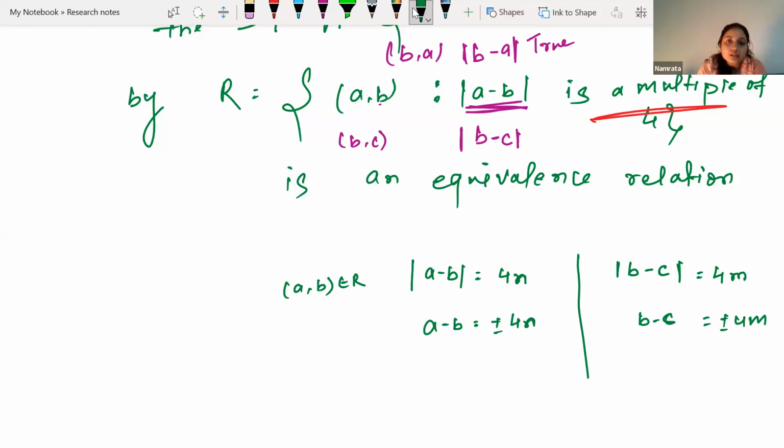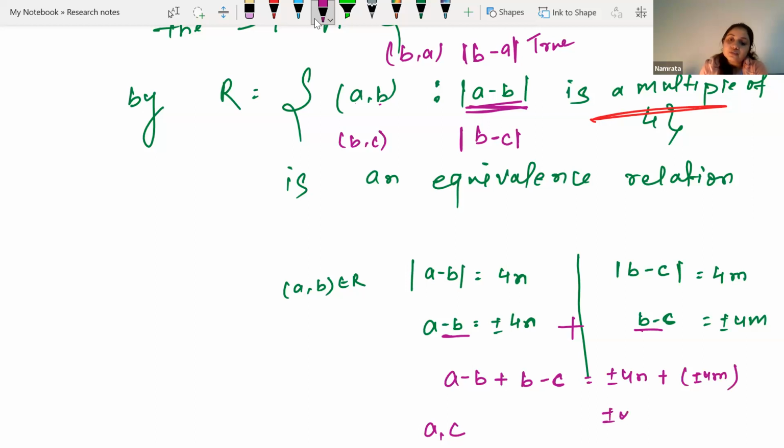Now we want to check whether a comma c is true or not. Here b is present in both, and we want to eliminate b. In the previous one we did substitution to eliminate it. Here, if we add these two equations, we will be able to eliminate b. So a minus b plus b minus c gives plus minus 4n, and on the other side also plus minus 4m. If we take plus minus 4 common, we have n plus m, and on the left a minus c.